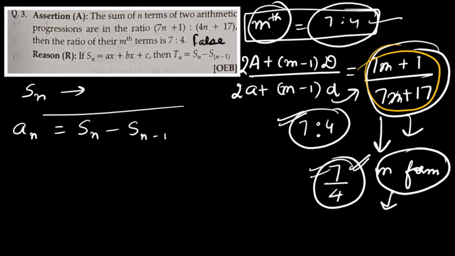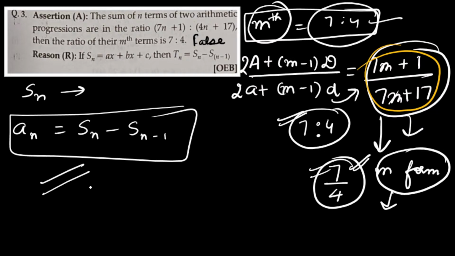So do you think it's true? Is the reason true or false? Yes, the reason is true because this is the formula. In formulas also I gave, if we know the sum, we can find any term from that sum's expression.